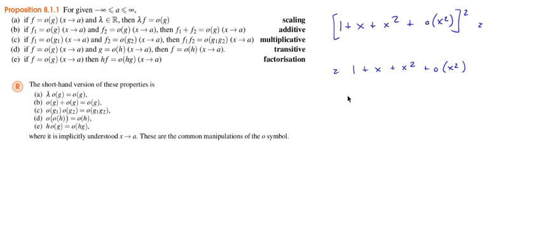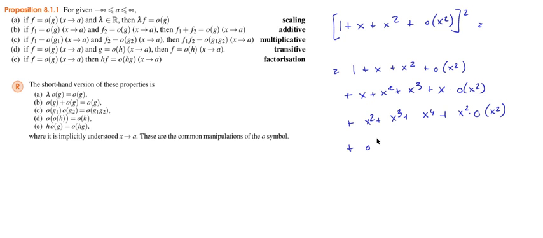And then we have plus x squared plus x cubed plus x times o of x squared, and then plus x squared plus x cubed plus x fourth plus x squared times o of x squared, and then we have plus o of x squared plus x times o of x squared plus x squared times o of x squared plus o of x squared times o of x squared, right?